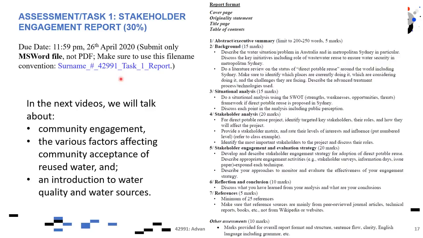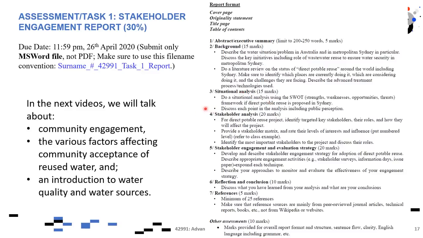So basically, we have a scenario document provided, a separate one, and all your assessments will be based on that scenario document. However, I have provided a related format that you need to follow for your assessment task 1 report. Basically it's about stakeholder engagement or community engagement.